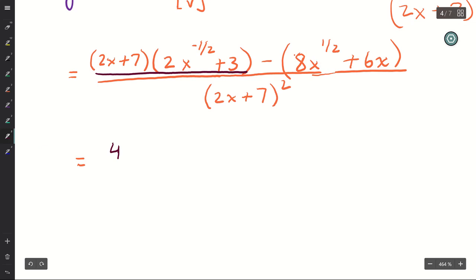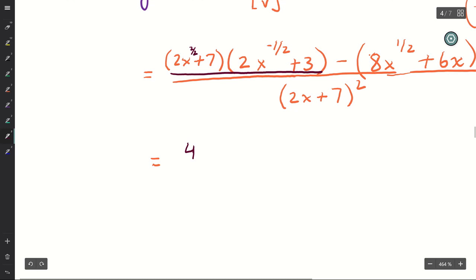There, remember, we add our exponents. Well, if we're trying to add exponents, it would be most convenient if this exponent was written as a 2 over 2. Okay, so that exponent was an understood 1, but if we write it as a 2 over 2, then I can see I can add those easier. So this would become 4x, and then if we add 2 over 2 plus negative 1/2, we get 1/2.